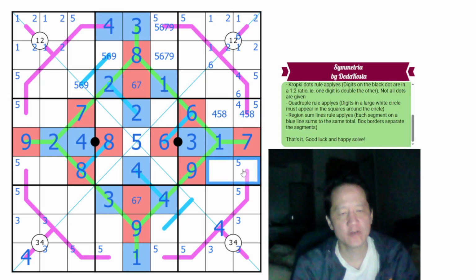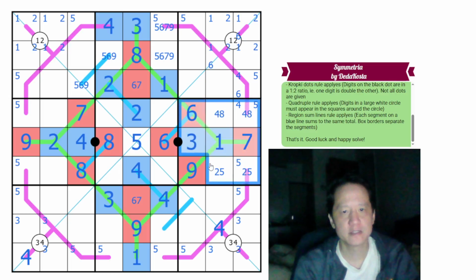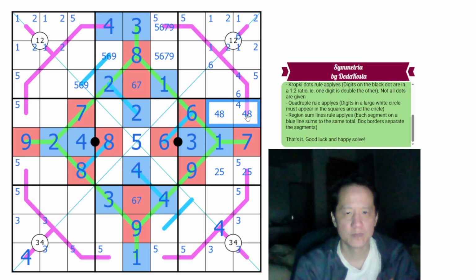So this is 4, 5, 8. This can't be 4, 8, so this must be 2 and 5 here. We have a 2, 5 pair in box 6, which eliminates 2 and 5 in the rest of the box. Therefore, this can't be 5 anymore. So we have a 4, 8 pair here. This can't be 4 because of this 4, so this must be 8, which makes this a 4. So this cannot be 4 anymore.